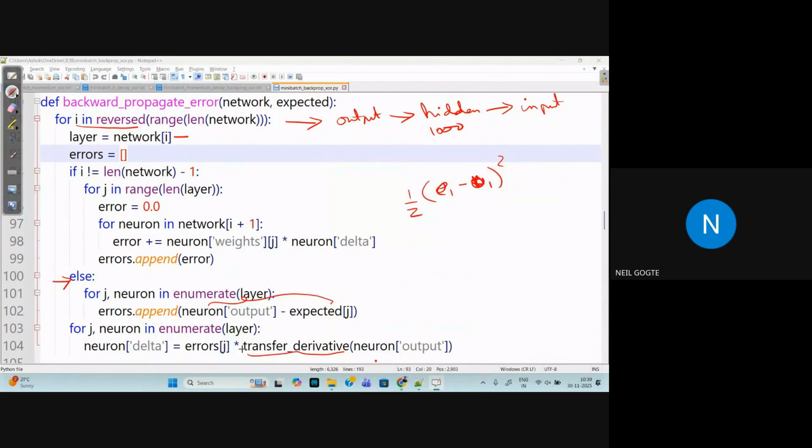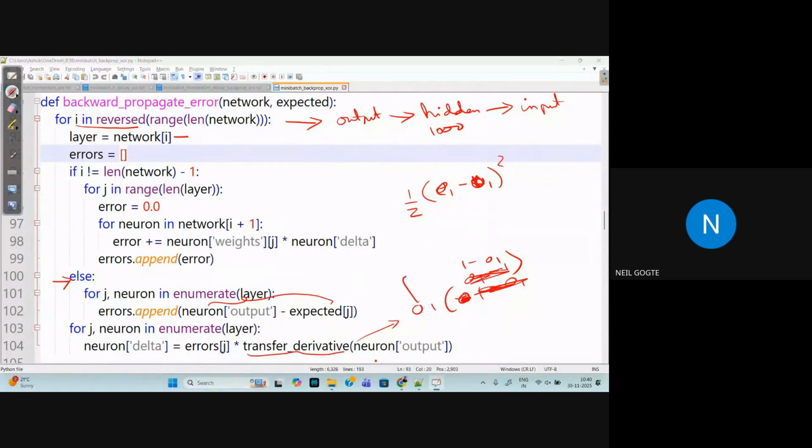So this is basically O1 into 1 minus O1. Sorry, is it O1 minus 1 or 1 minus O1? Sometimes I forget. Okay, O1 into 1 minus O1, yeah. So this is the derivative.